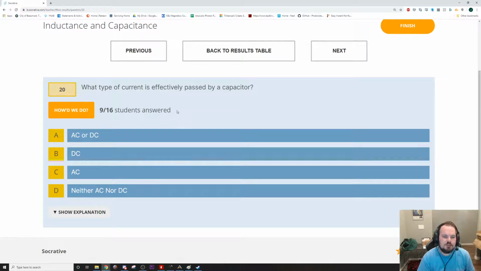What type of current is effectively passed by a capacitor? AC current is effectively passed. The way a capacitor works is it's like there are two chambers in the capacitor with a flexible barrier between them, like rubber.